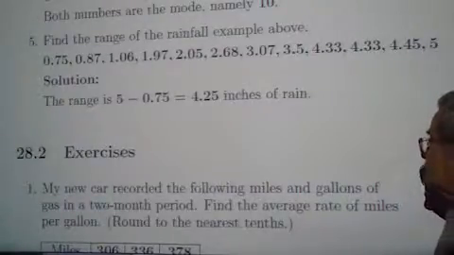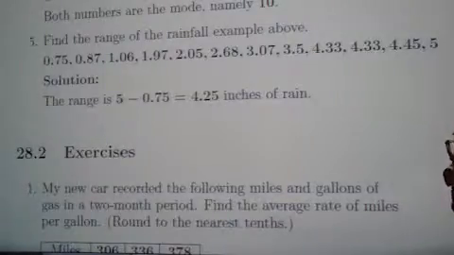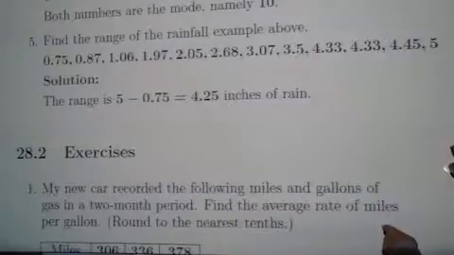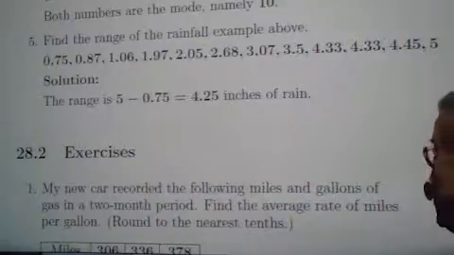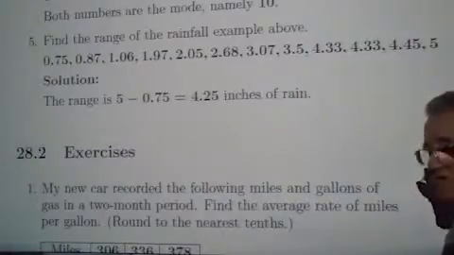So, my new car recorded the following miles and gallons of gas in a 2-month period. Find the average rate of miles per gallon. Okay? And round to the nearest tenth.